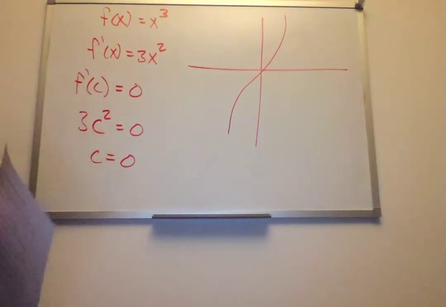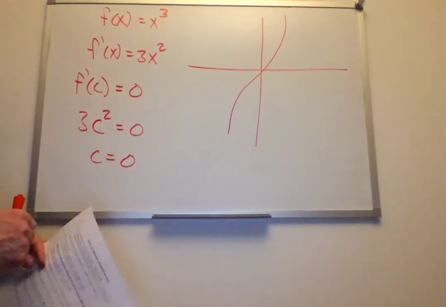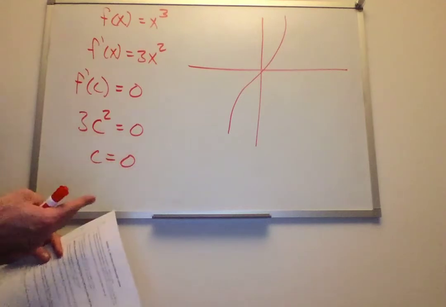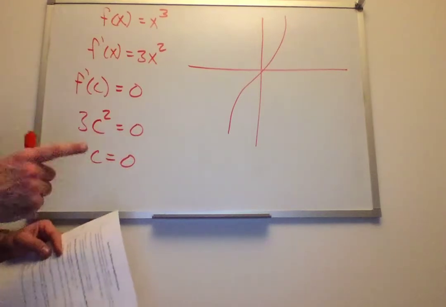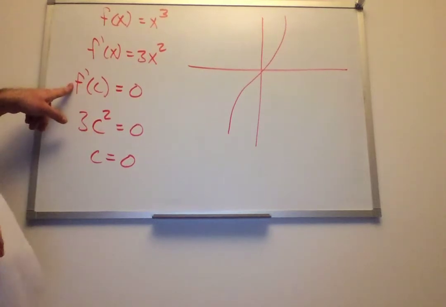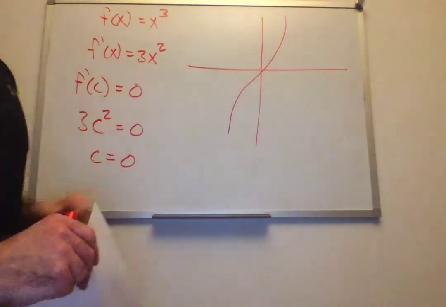However, just because the conclusion of Fermat's theorem is true, that doesn't mean the conditions are true. This theorem only works one direction. If you have a local min or max and your derivative exists at c, then f prime of c equals 0. f prime equals 0 does not mean that there's a local min or max anywhere.